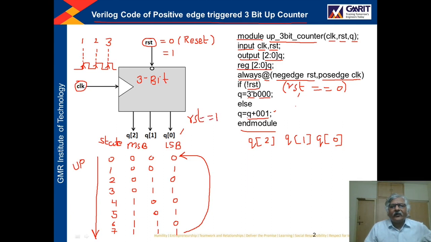Let us assume RST is 1, and suppose this is the clock signal. Suppose RST is 1 and this is your clock.